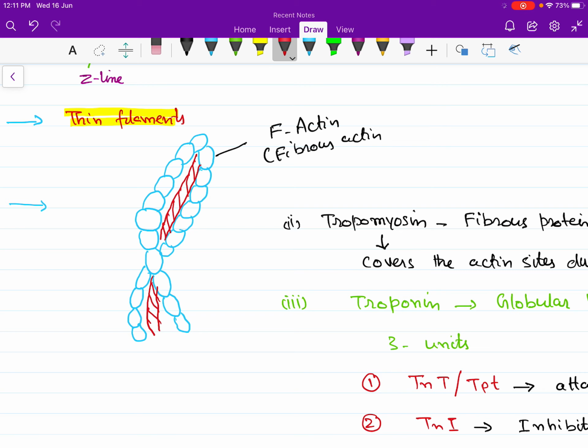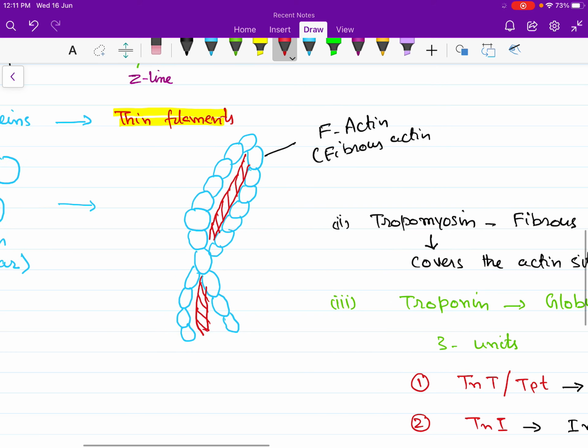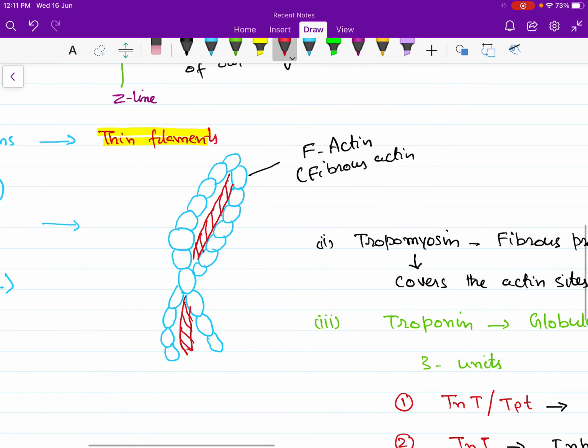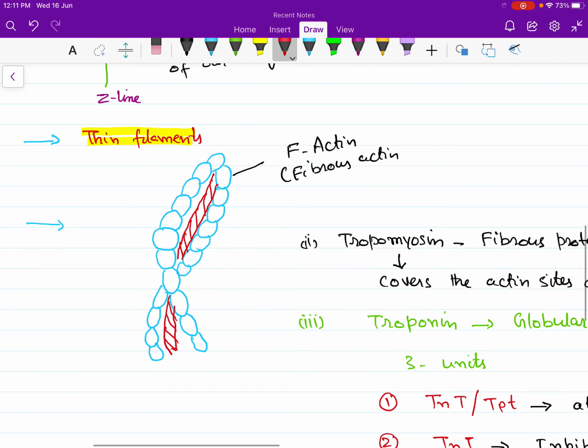So tropomyosin is found in the groove of the actin filament, and these troponin units are present at regular intervals.